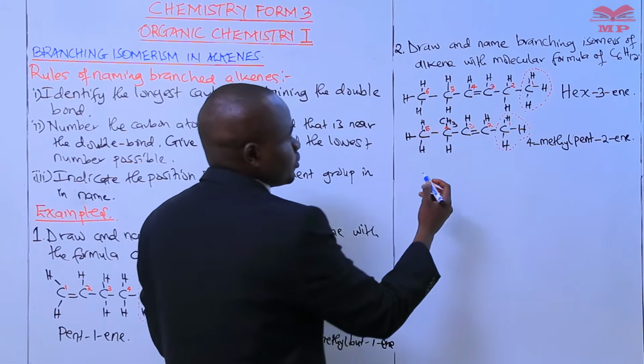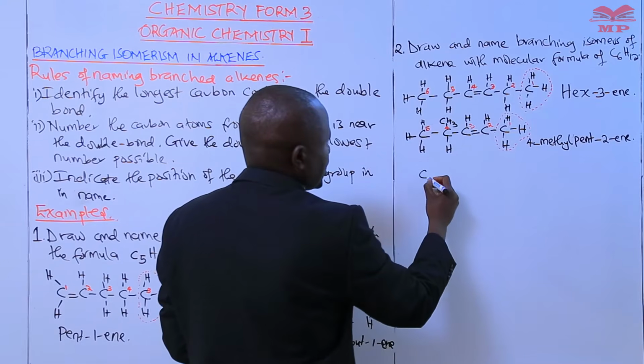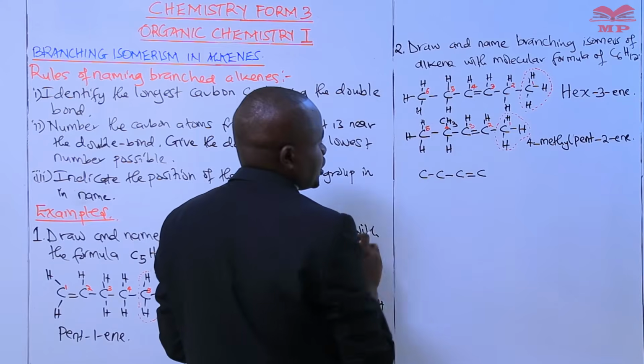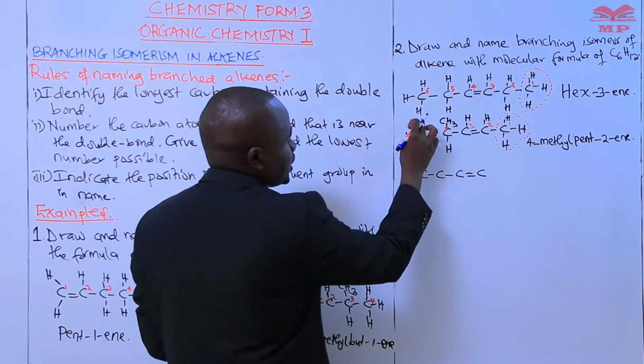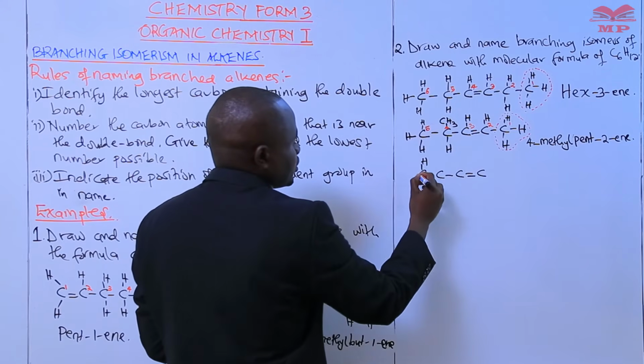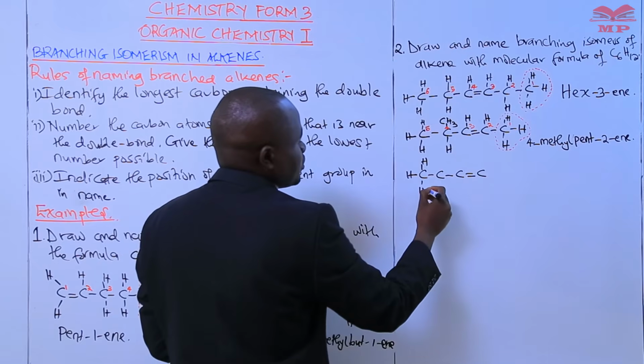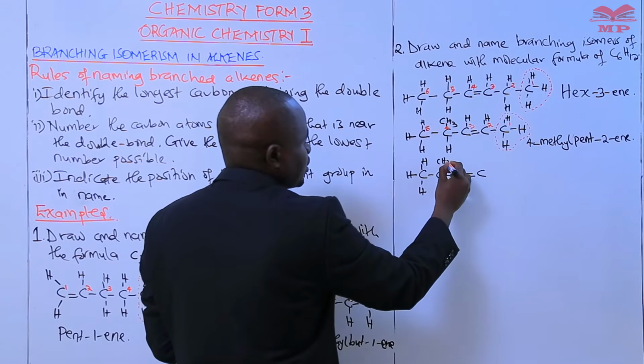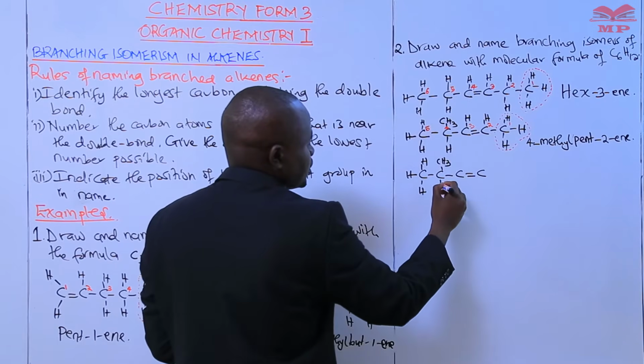So let us draw. This will be a carbon having 4 bonds, and the double bond is here. Then I indicate the hydrogen atoms, the initial ones, hydrogen, hydrogen, then this methyl, then this hydrogen.